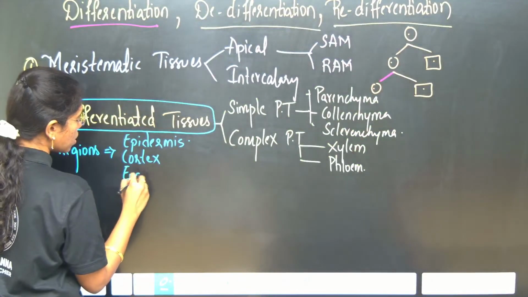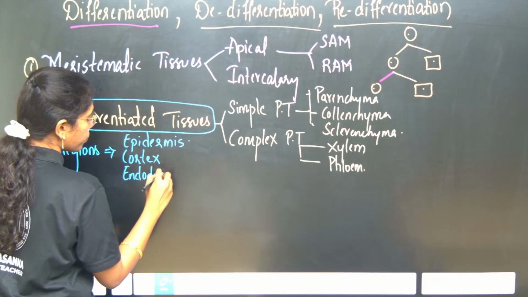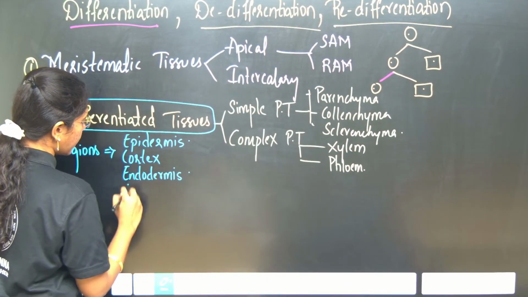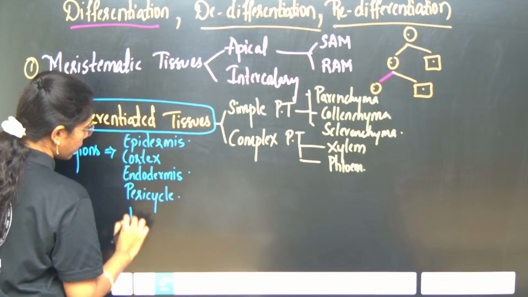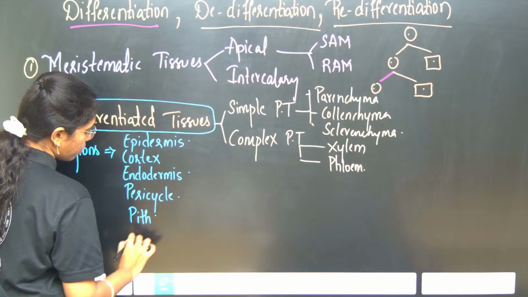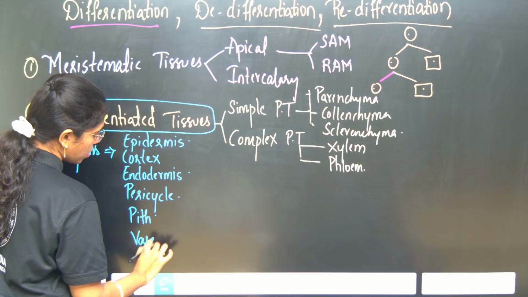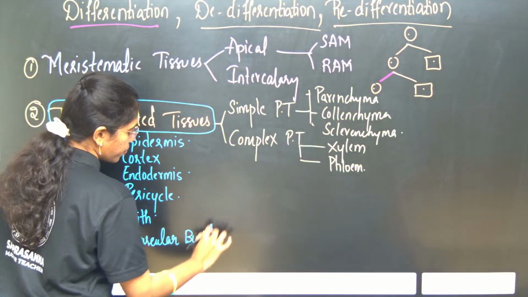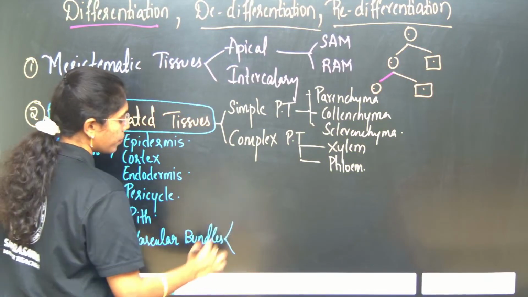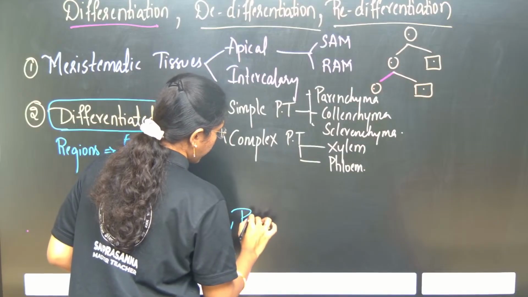Endodermis, pericycle, pith, vascular bundles, that is primary xylem and phloem.